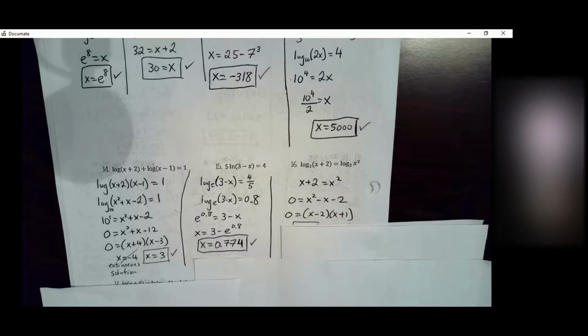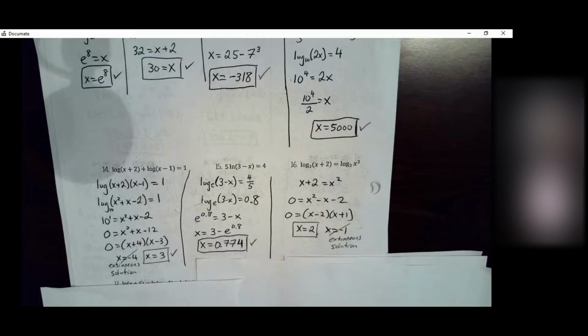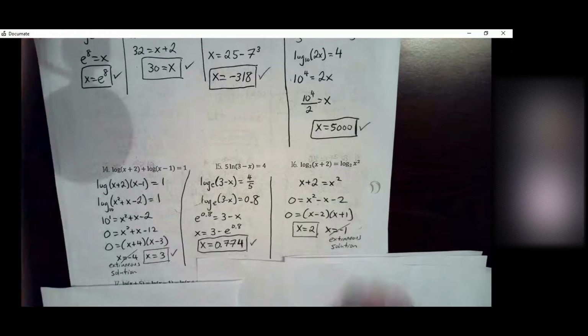They both work? Yeah, you're right. They both work. I thought -1 was an extraneous solution, but -1 works as well. I need to change that.